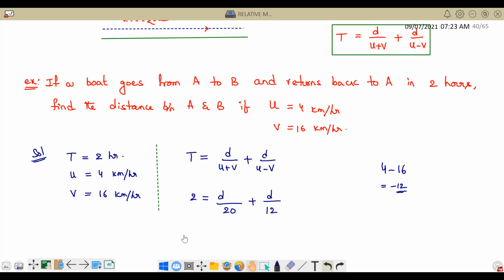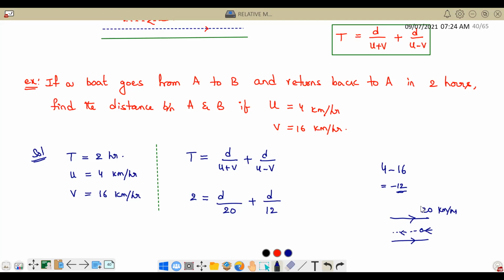Generally, the velocity of the man will always be greater than the velocity of the river. Correct or not? Suppose the river is flowing at 20 kilometers per hour and the man is moving at 5 kilometers per hour, can he swim upstream? Is it possible? No, sir, he'll go back, sir.